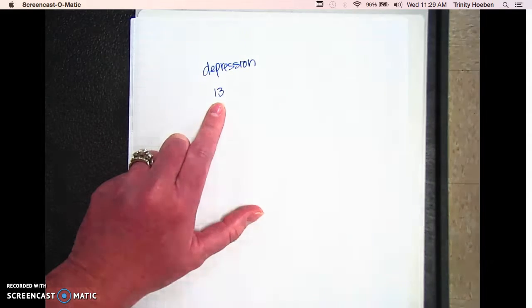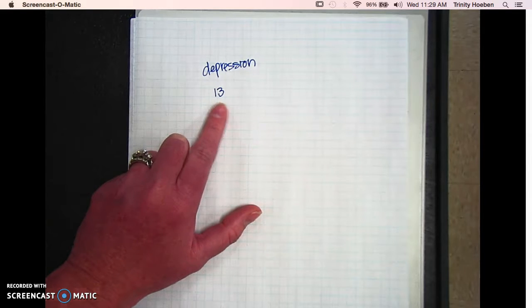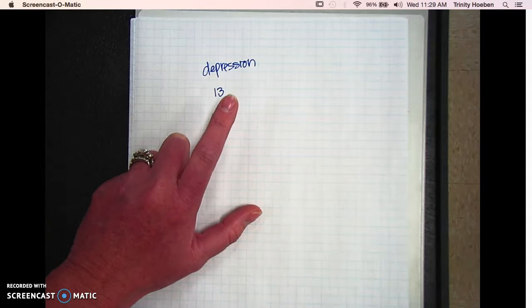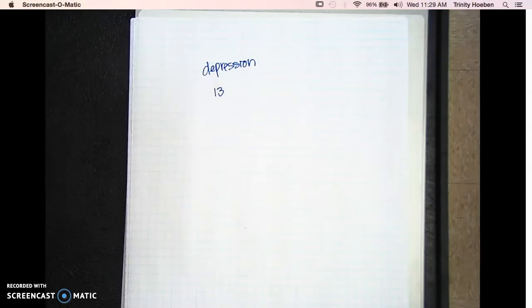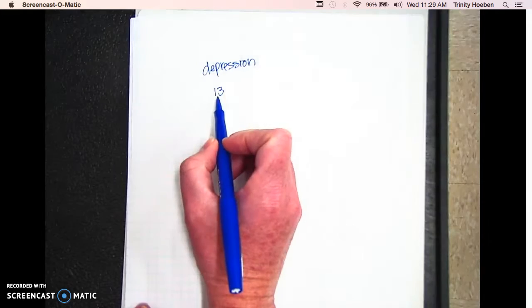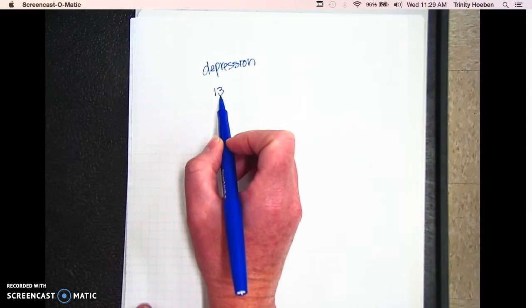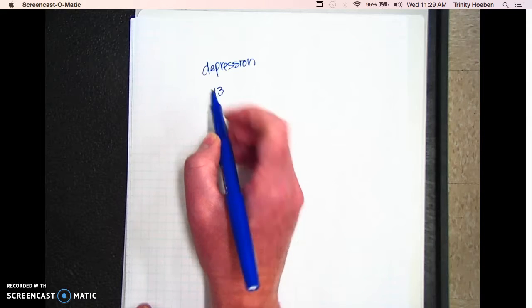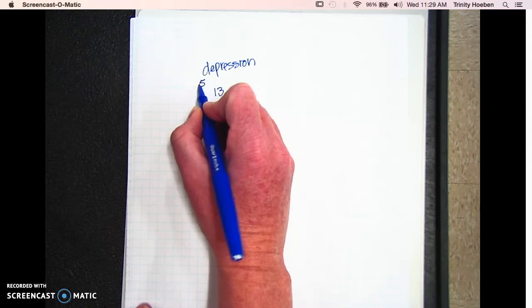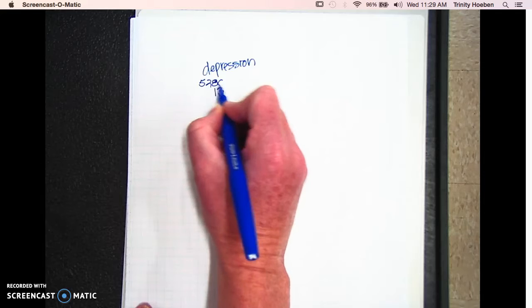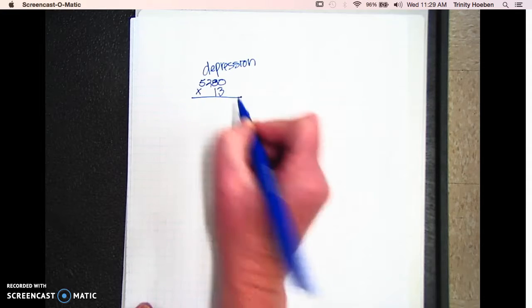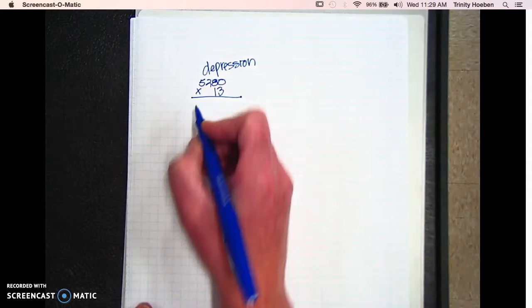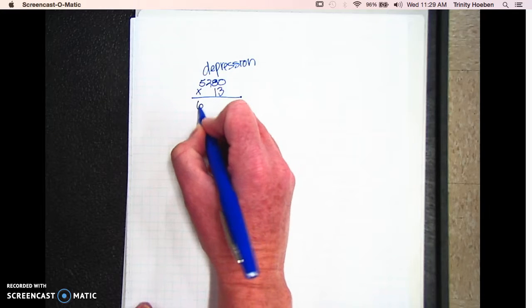Which, if a full marathon is 26.2, 13 is basically how much of it? Almost half of it. 13.1 is a half marathon. So if we're going downhill for about 13 miles of it, about half the race is downhill, we're going to take that and multiply that by 5,280, just like we did in the last example, to see how many feet it is.